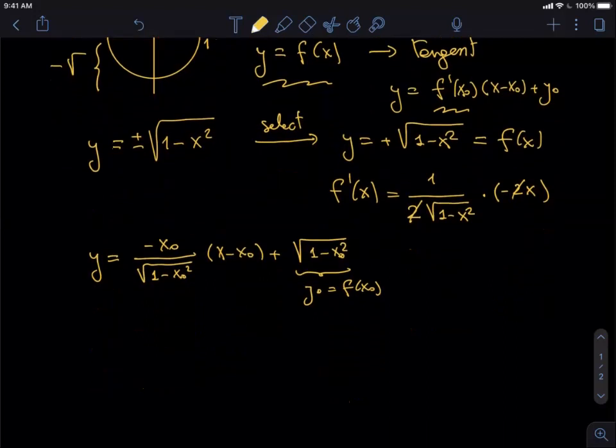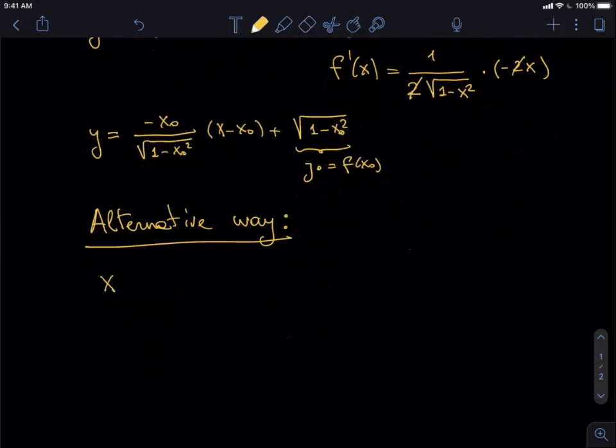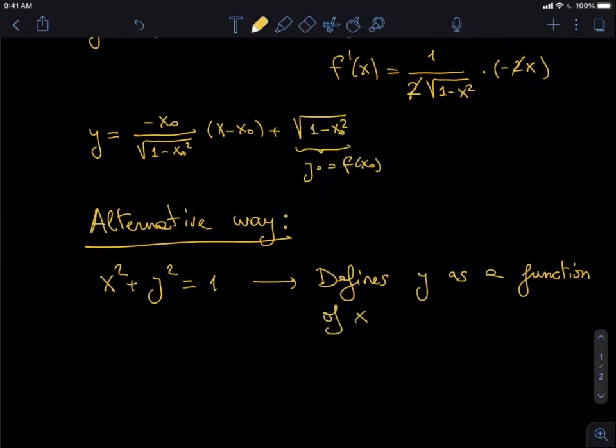So when we look at the formula, let me state here that now we are going to see an alternative way. So we have the formula x squared plus y squared equal 1. Okay, and this defines y as a function of x implicitly.